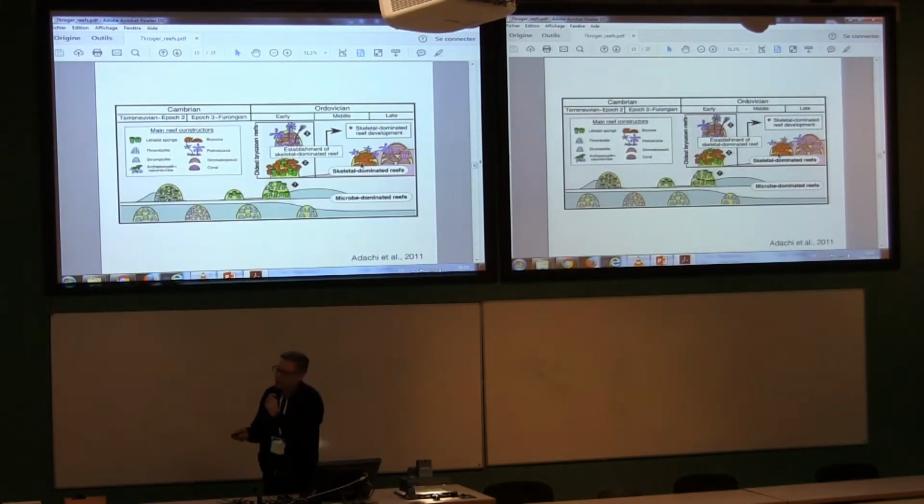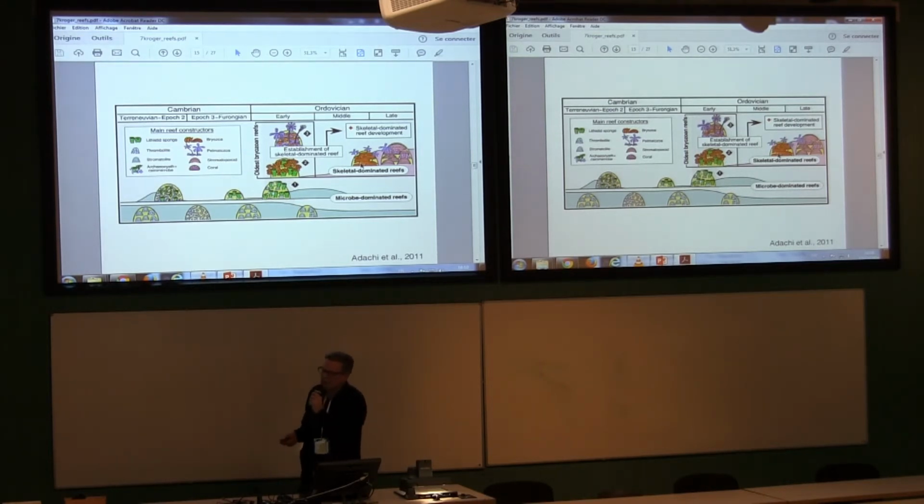And now we can come back to this picture. It was not explicitly mentioned in that paper from 2011, but when we now look at these pictures here, we see these nice layered structures of the stromatoporoids or bryozoans or whatever they are.